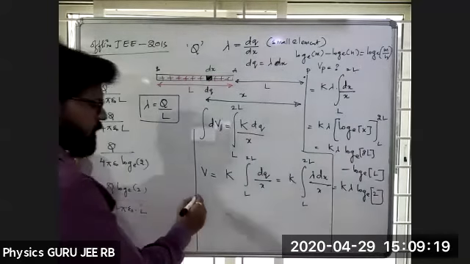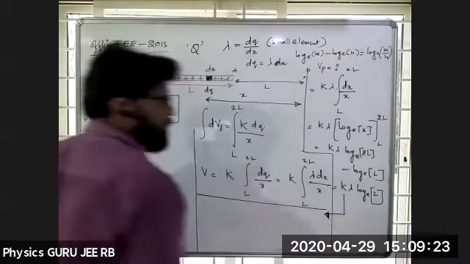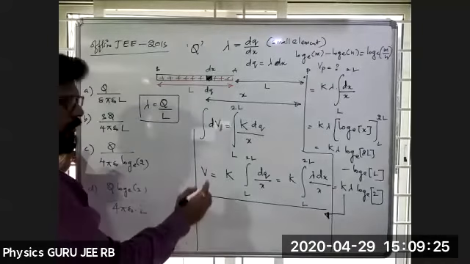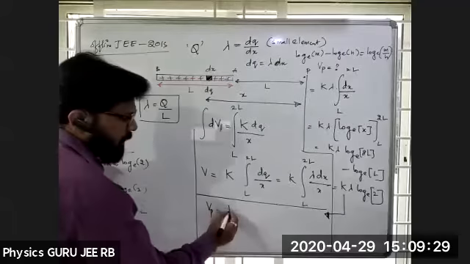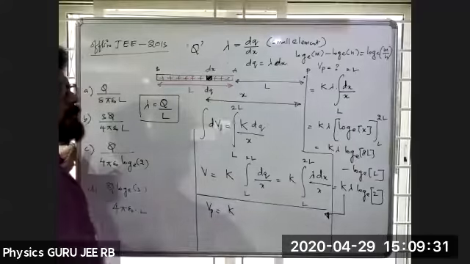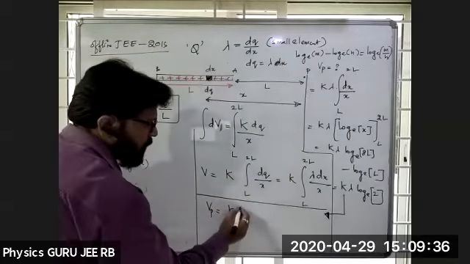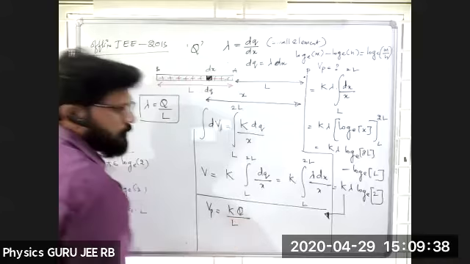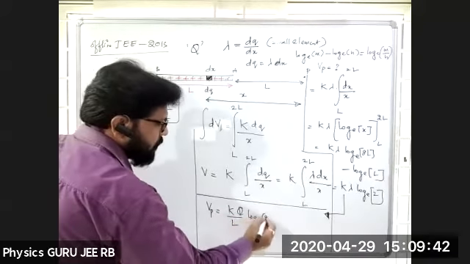The final result I'm going to write here. So now the potential at the point P can be written as k lambda. Lambda is Q by L for the total length. It is nothing but Q divided by L into log of base e of 2.